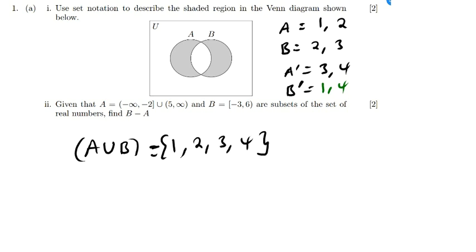By the way, when we say A union B, it is to add all the numbers which are found in A and B. In this case 4 is not supposed to be included because 4 is outside A and B.